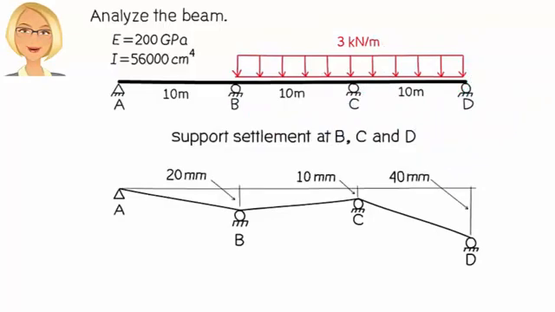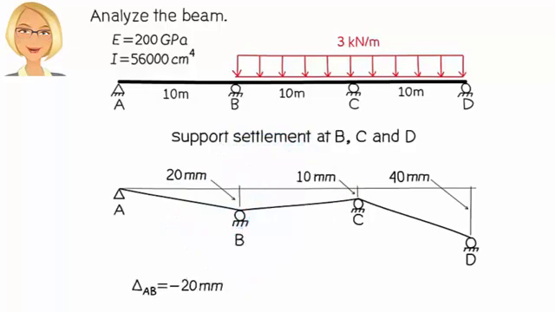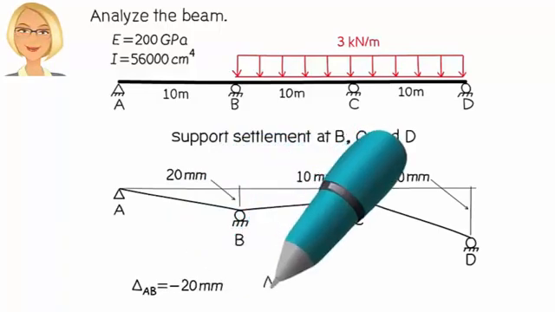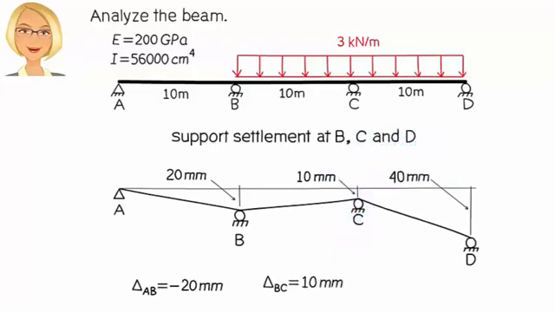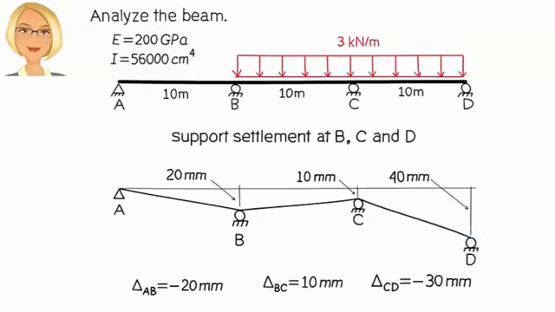Similar to the previous problem, we start by determining differential vertical displacement for each segment. Segment AB rotates clockwise due to the settlement at B, so delta for the segment is negative 20 millimeters. Delta for segment BC is 20 minus 10, or positive 10 millimeters. And delta for segment CD is 10 minus 40, or negative 30 millimeters.